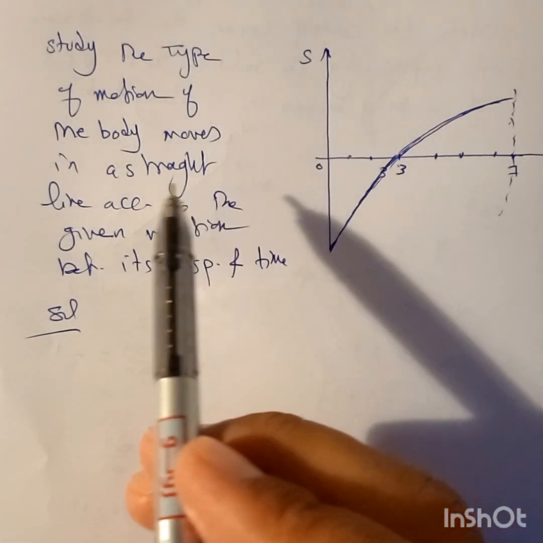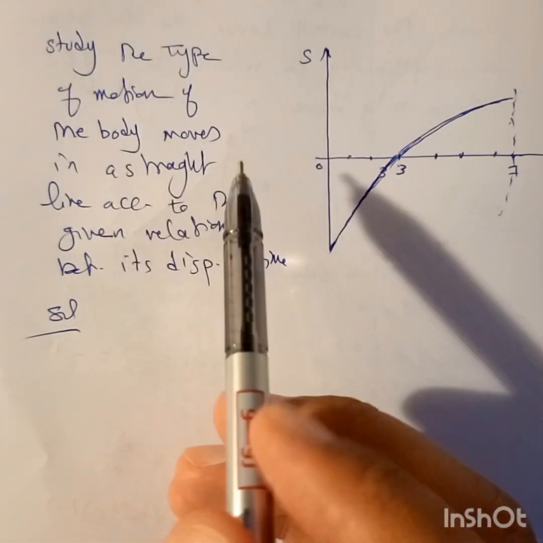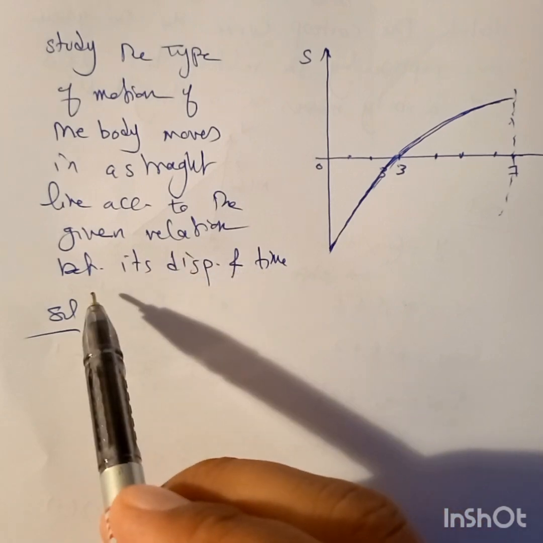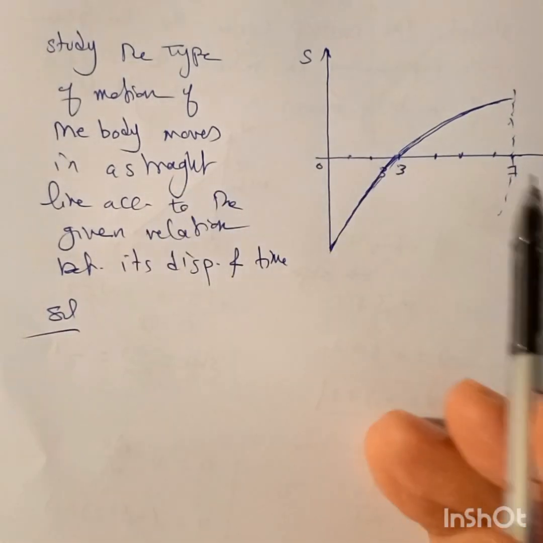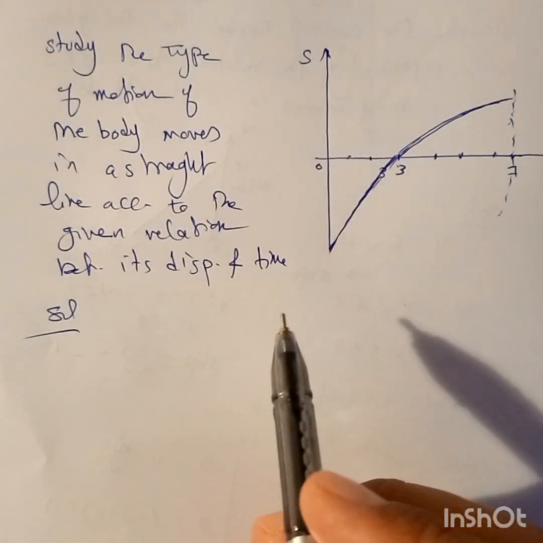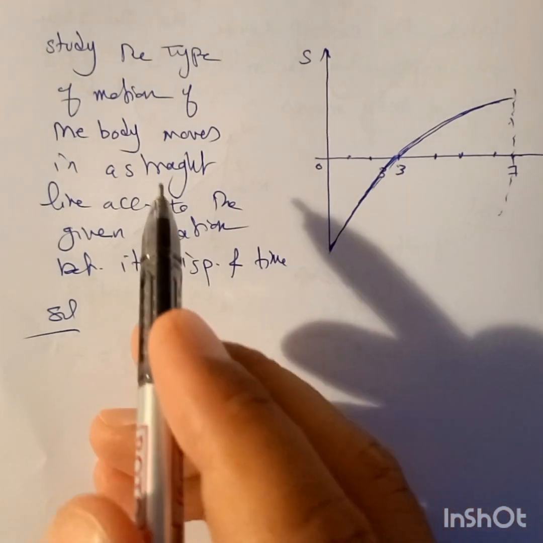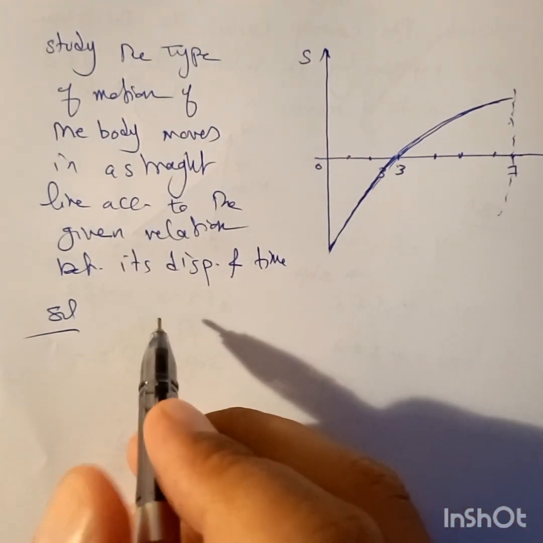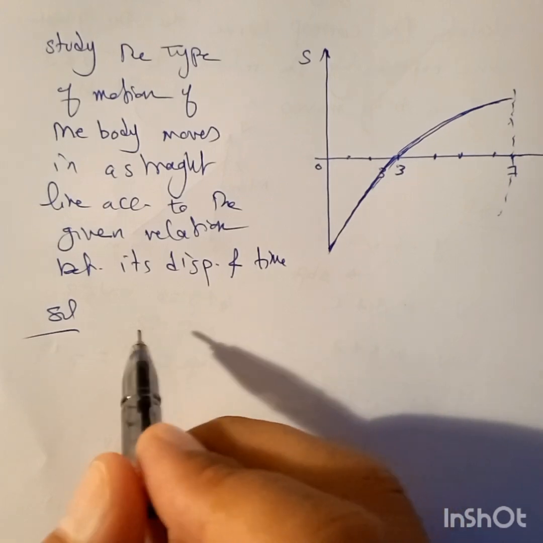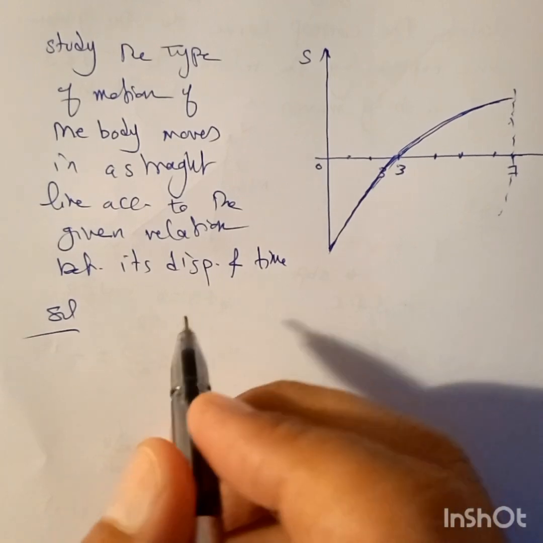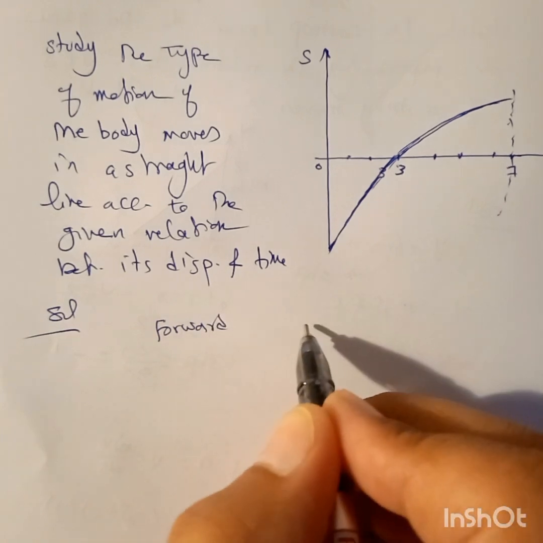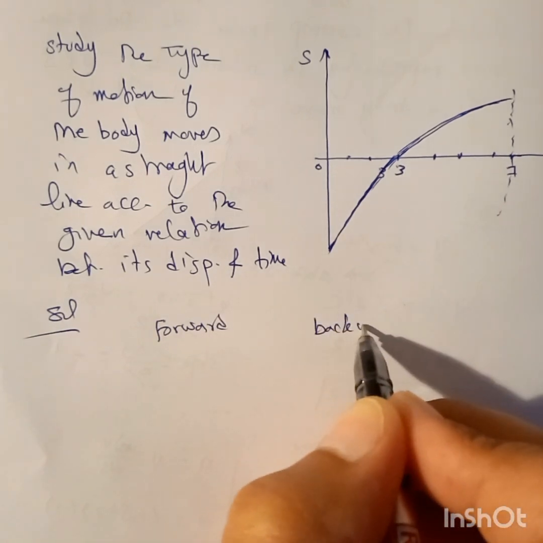Another example studies the type of motion of a body that moves in a straight line according to the relation between the displacement and the time given in this curve. We need to study the motion, so we have to decide in which direction the body moves, forward or in reverse or backward direction.